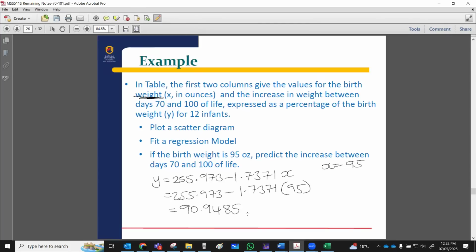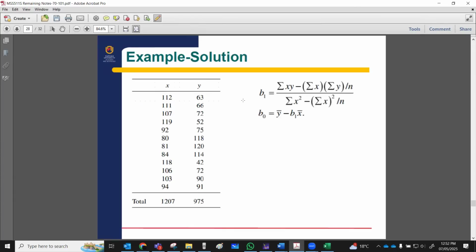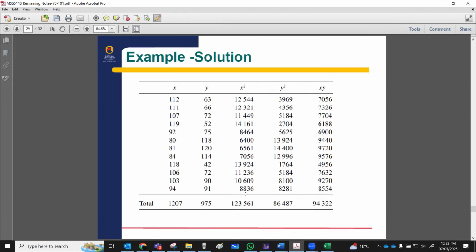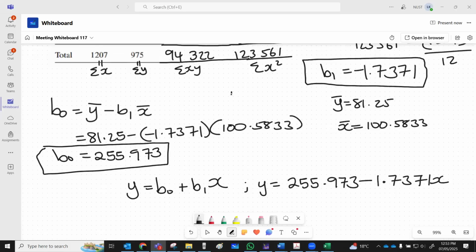Okay, so this is the percentage increase. If we then look, the example has been completed for us here. You just need to check and see if what is done corresponds with what we have. So our table of values, they look like they're matching. Let me just see here, where is our table?